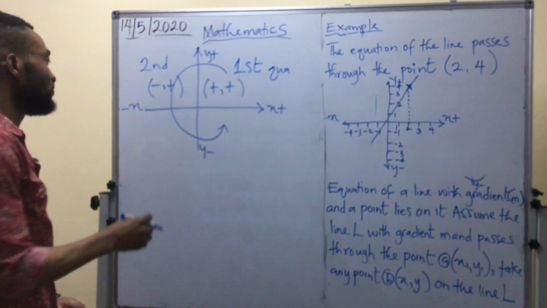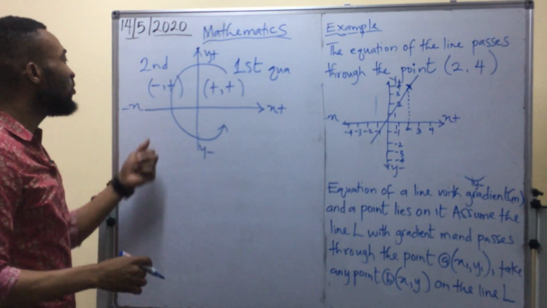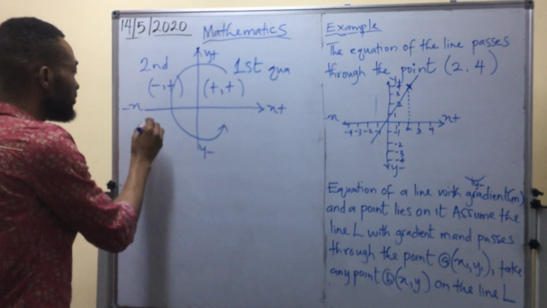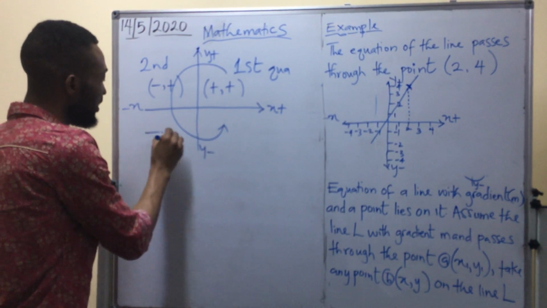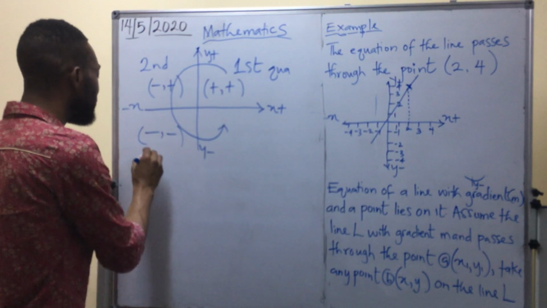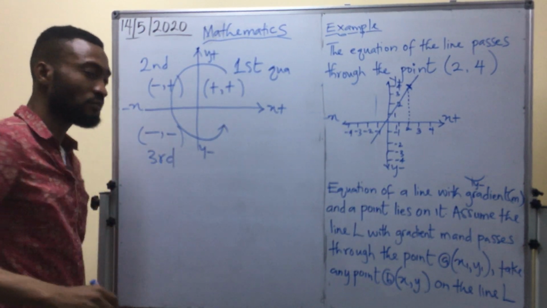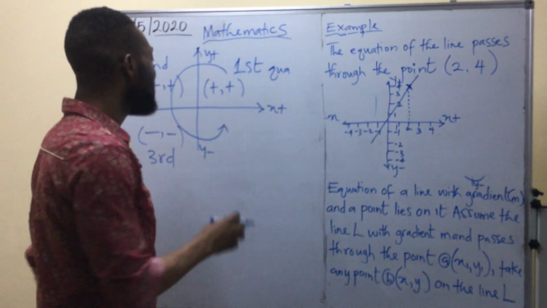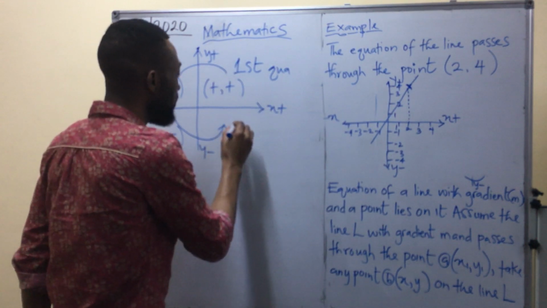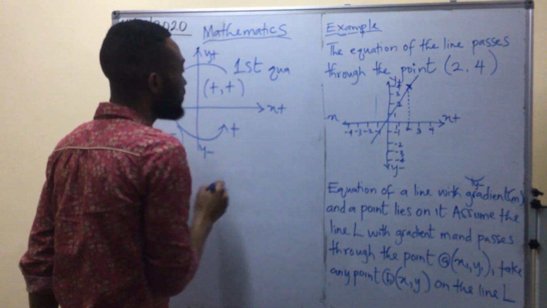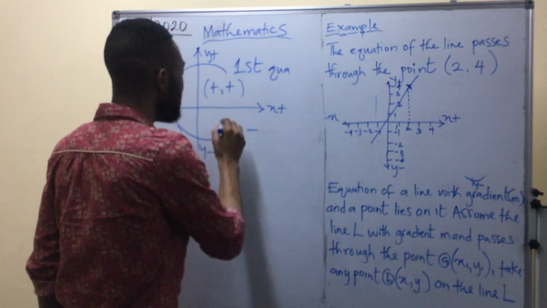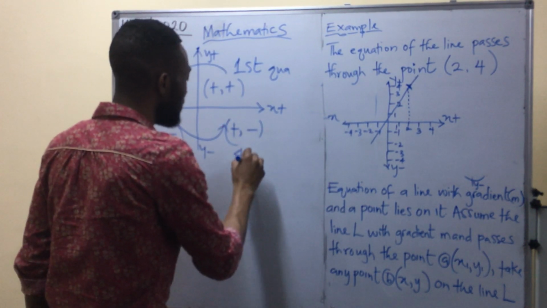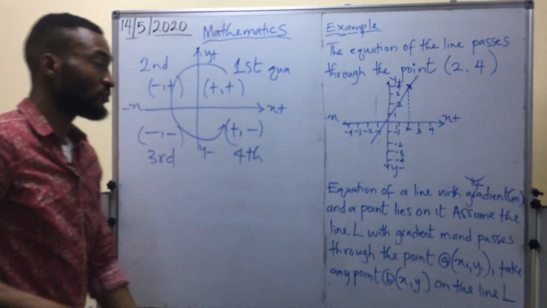So the next one, our value for x here is negative, and our value for y here is negative as well. So this is the third quadrant. And the last one, our value for x here is positive, and our value for y here is negative, which is the fourth quadrant.